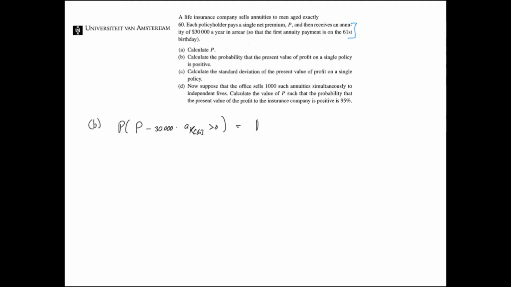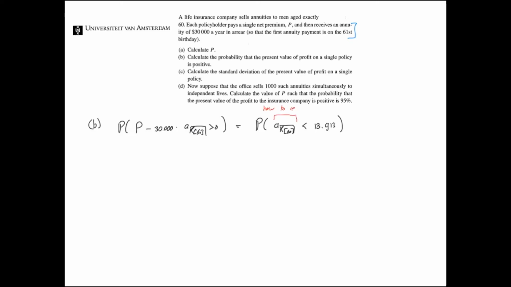If we rewrite this, then this is equal to the probability that a_{K60}, oh, I forgot the bar here, is smaller than 13.913. That's the value that we looked up in the table. Then there's no immediate formula to rewrite this quantity.